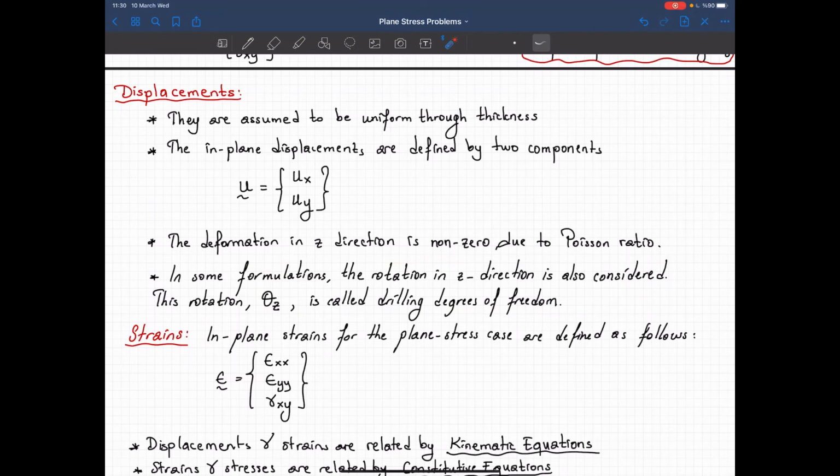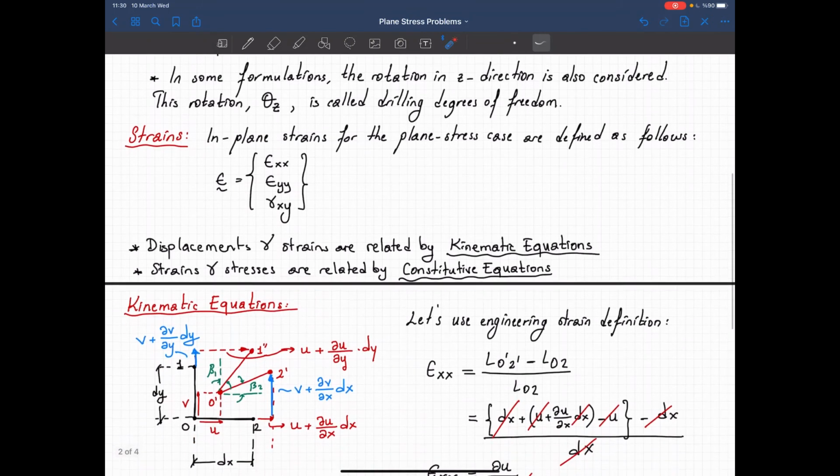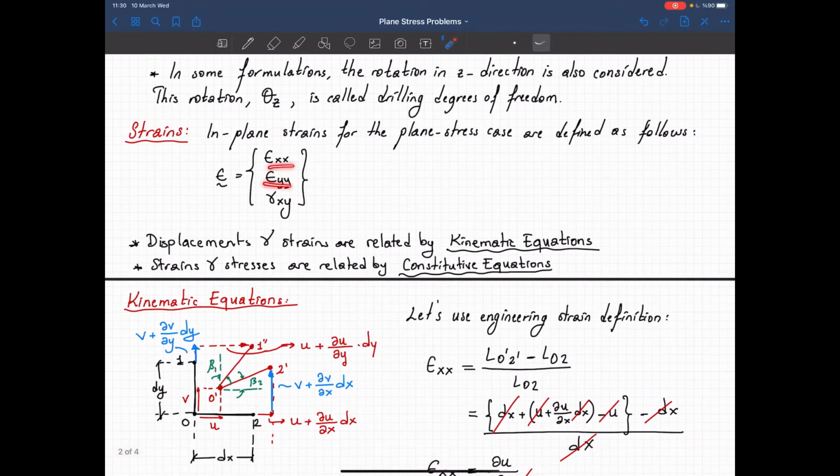The reason for showing these two displacements is this: when we relate the displacements with the strains, you will see that the axial strains occur only due to the translations, not due to the rotation. Okay. Now for this type of member we have three strains: axial strain in X, axial strain in Y, and the angle change, which is called the shear strain.